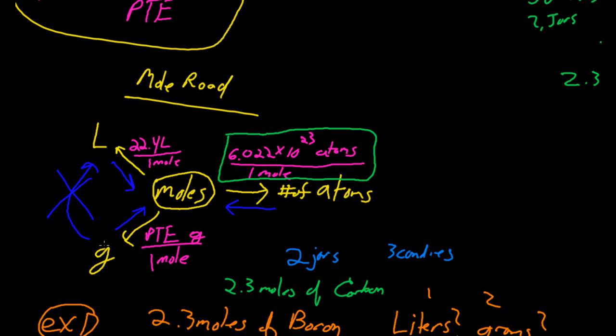So what we have to do is go from grams to moles. We can calculate this number, and since grams will be equal to the number of moles, then we can take this value and then go to liters. So we were given grams and we found the moles, and now we can take the moles and go to liters.